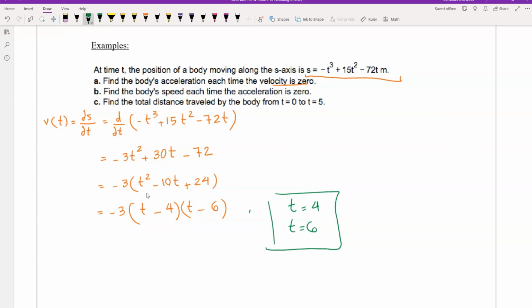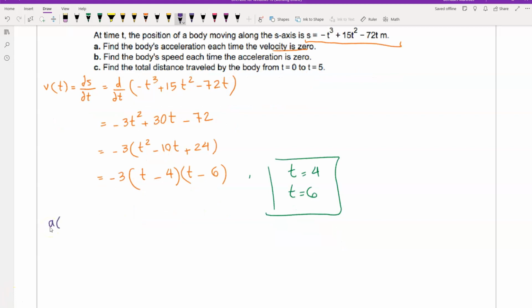Now using these two, first we have to find acceleration and then substitute t equal to 4 and t equal to 6. So here we have acceleration that is equal to second derivative, or first derivative of what we have here for velocity.